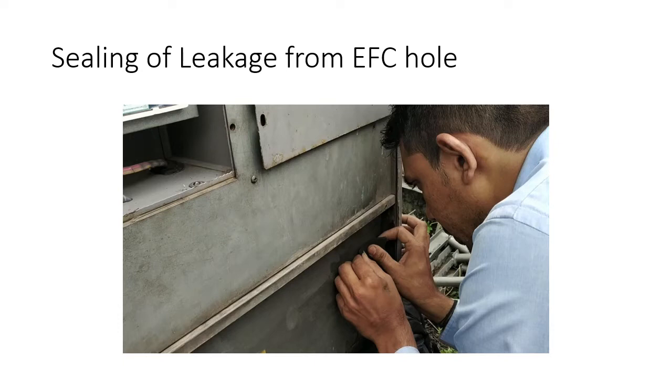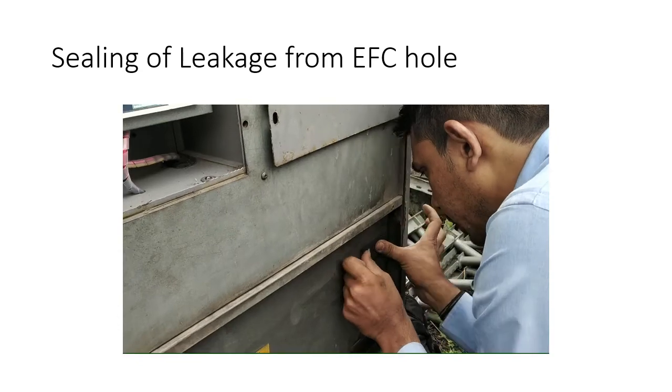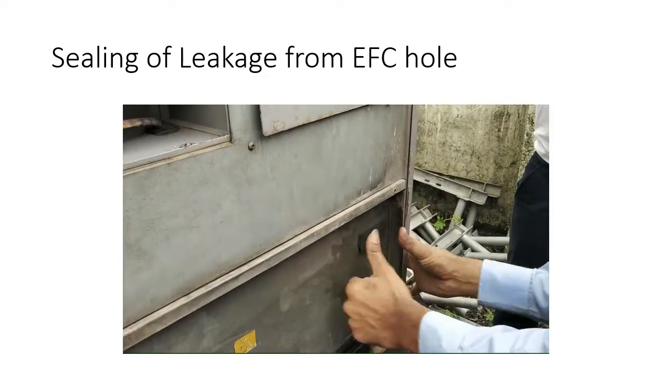In this video clip, we will see there is an opening in the backside of the EFC, and this opening is also allowing fresh air leakage, and that is why it is very important that any opening is sealed properly. Here also we are putting a foam type of gasket after cleaning the surface area so that it can stick properly.